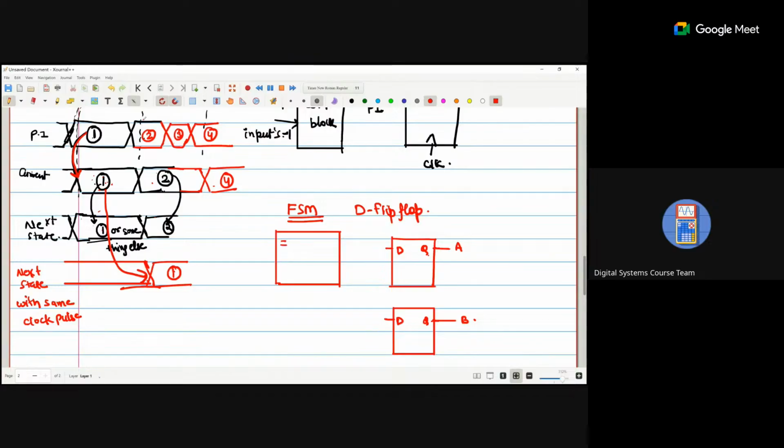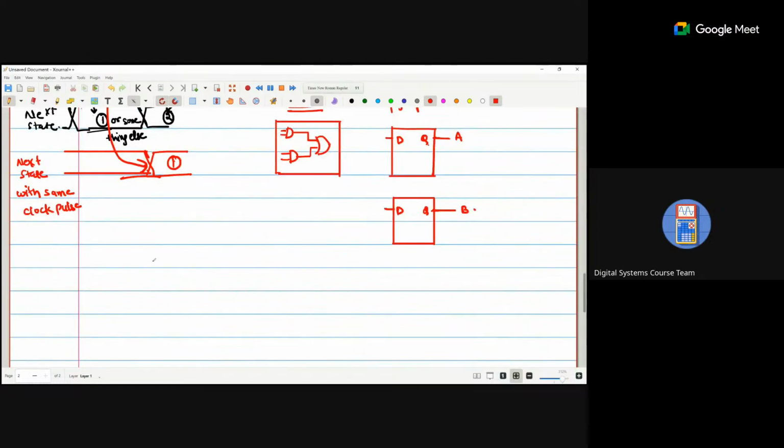We can use any gate, it is not defined. I am using the AND gate and this one.